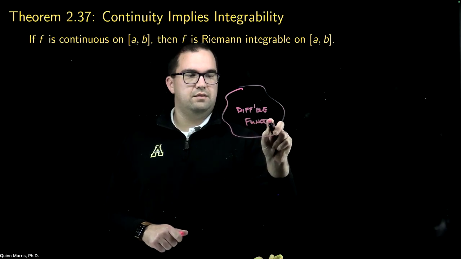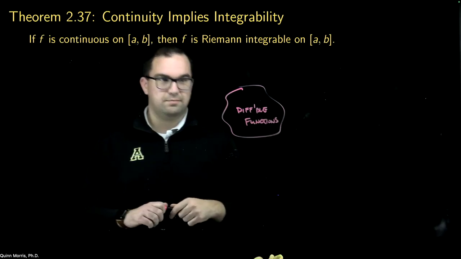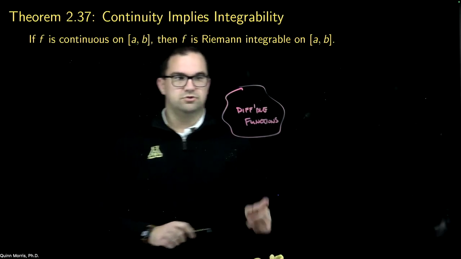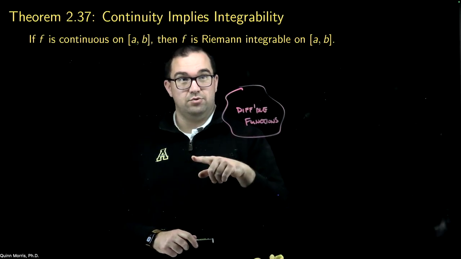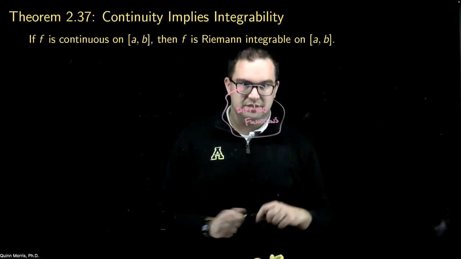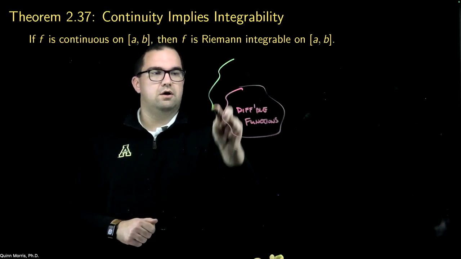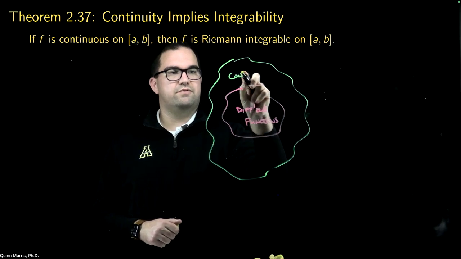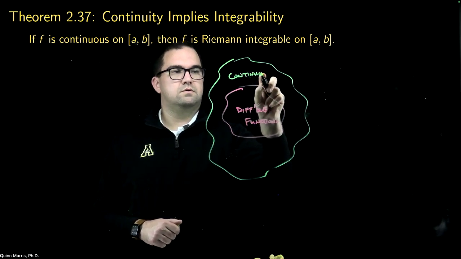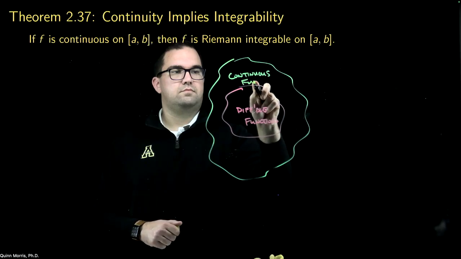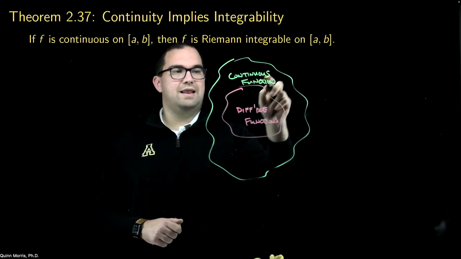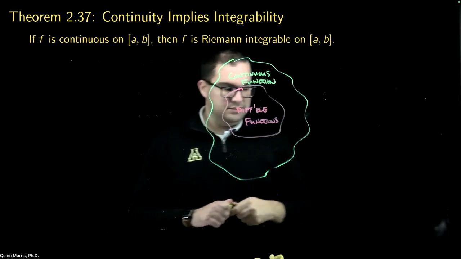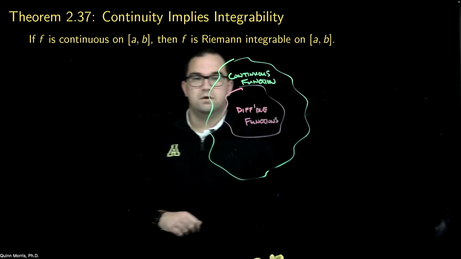We know that the differentiable functions are a subset of the continuous functions, right? Every differentiable function is continuous, but not every continuous function is differentiable. So you have this larger set of functions, which are the continuous functions. And we've now shown that every continuous function is Riemann integrable.